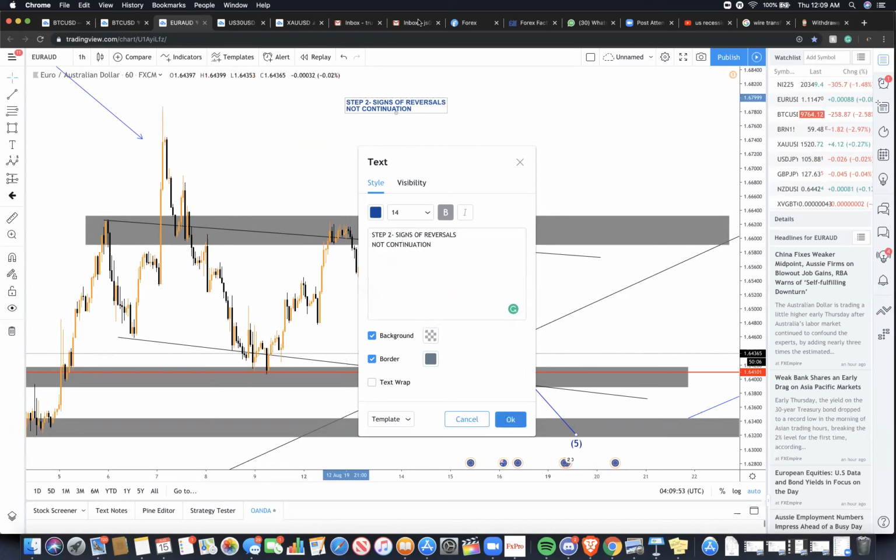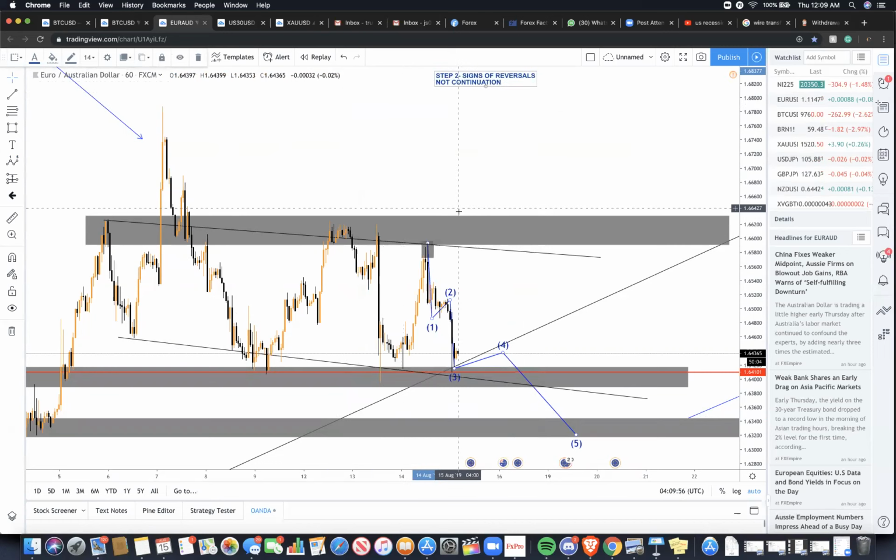So if the market is only showing us continuation, we want to keep looking for what else may bring the market down. And if it's not showing us any signs of reversal, then when we drop into the 3rd step, guys, that's when we look for potential entries for the retracement back towards the upside.